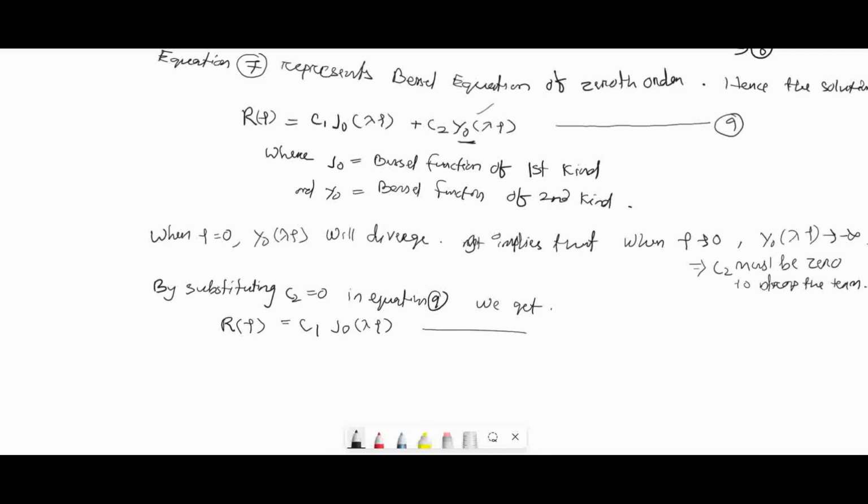Let us take this as equation number 10. Clear? So we got R(ρ) is equal to C1 J0 of lambda ρ.